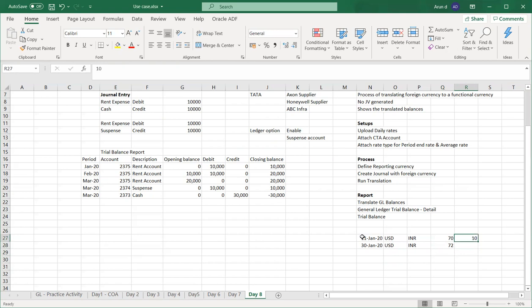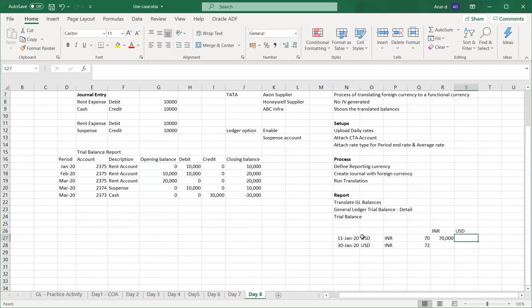Let's say the bill amount is 70,000 INR, which in USD would be 1,000. If I run this on 30th of January, that is today, I should have paid 72,000 actually, but what I actually paid is the same $1,000. Which means there is a 2,000 profit for me.